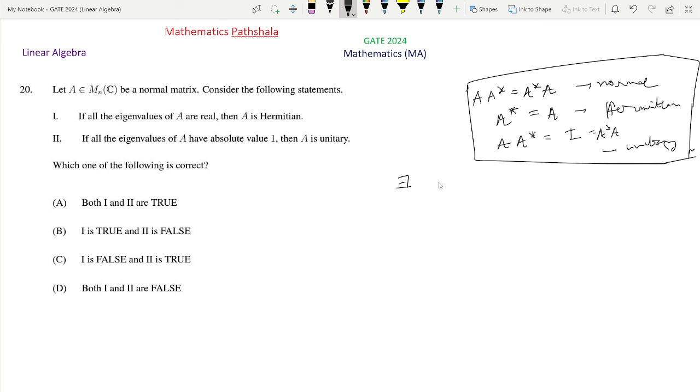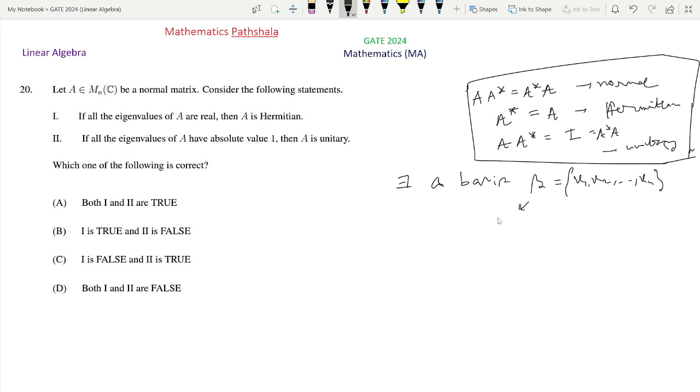There exists a basis, say beta equal to v1, v2, ..., vn, such that all the elements of beta are eigenvectors of A. That means a matrix is normal if and only if there exists a basis consisting of eigenvectors of A. So this is a standard result.